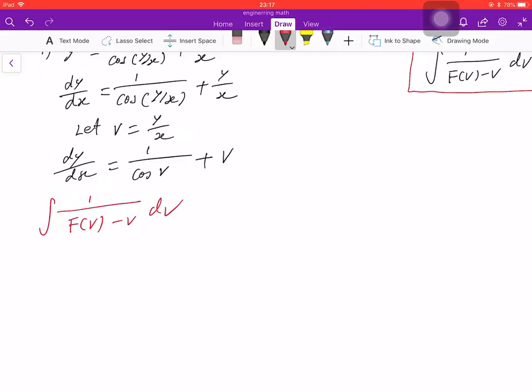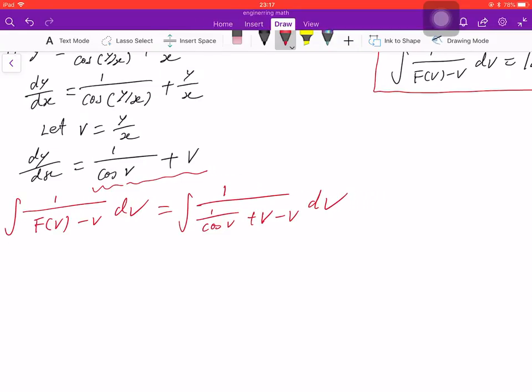So this one is the f of v, so we directly apply it over here. So we have 1 divided by 1 over cosine v plus v minus v dv, right? And then we can cancel out v minus v equal to 0.